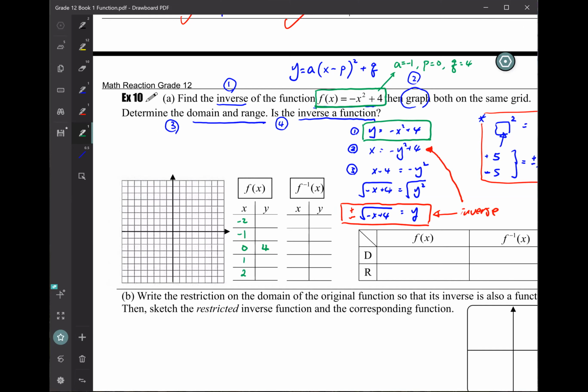And then to get the y values, how do we do that, Donna? Plug it in. Into which one? The green one or the red one? The green one. Yeah, okay, very good. So we're graphing the original, okay? So everybody please fill it in. And when you have the table, please raise your hand.